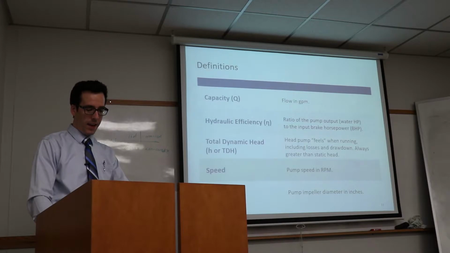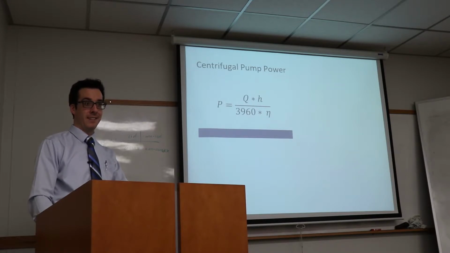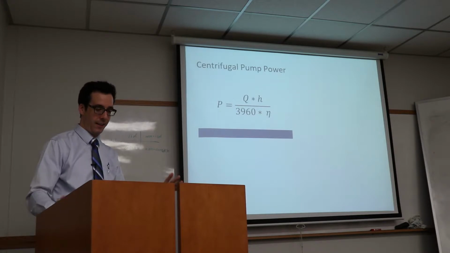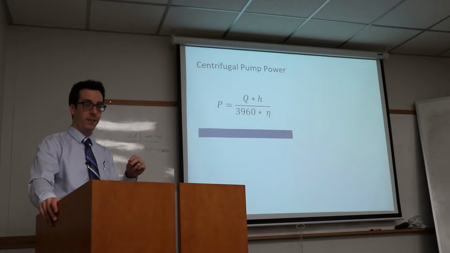Okay, so with that background, we are prepared to learn the pump equation, which many of you may know. You should memorize this, whether it's for water systems or for air or other things. This one, I should note, is particular to water and certain units of measure.